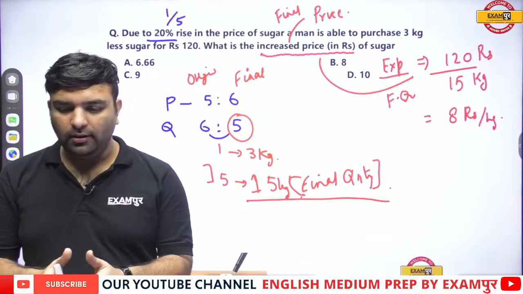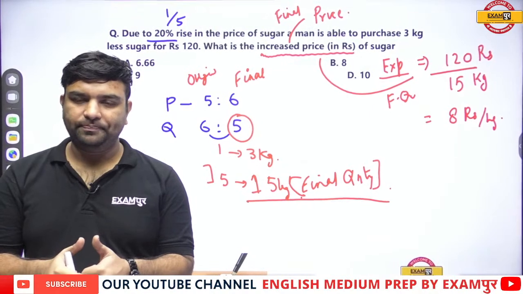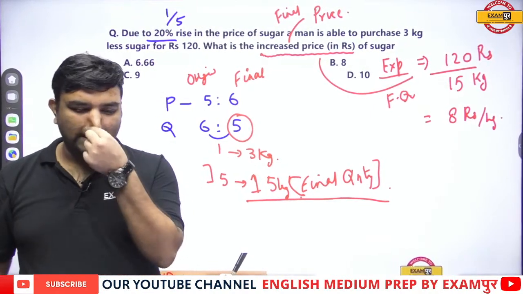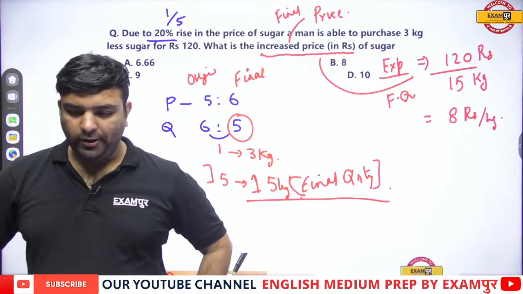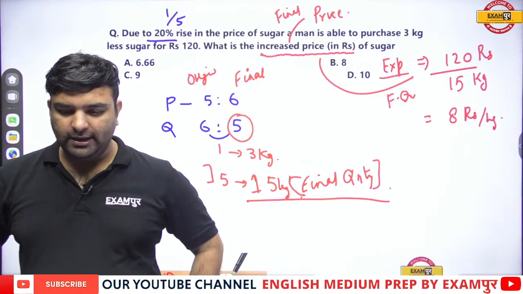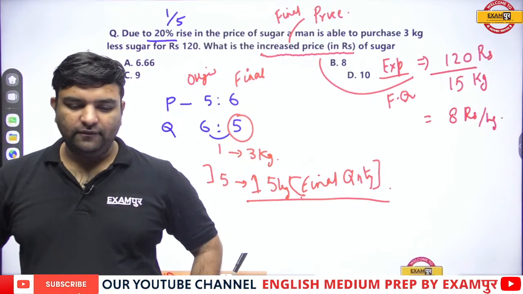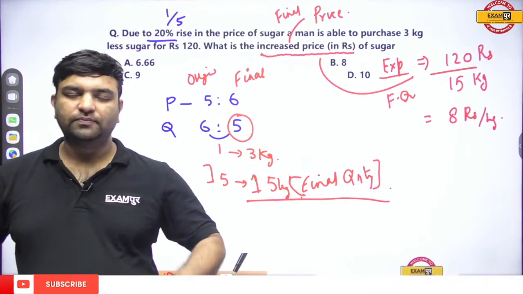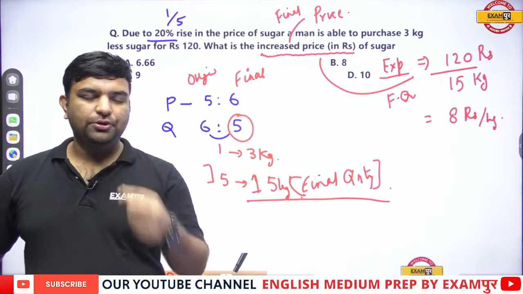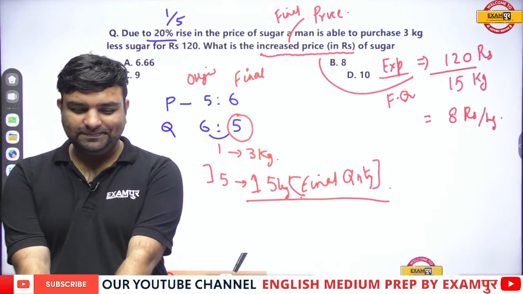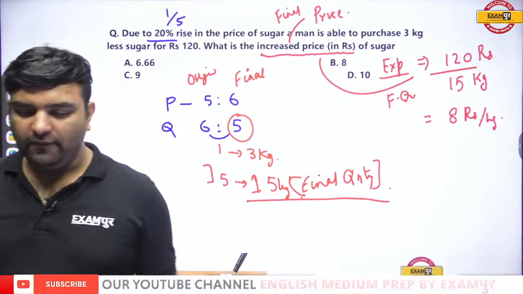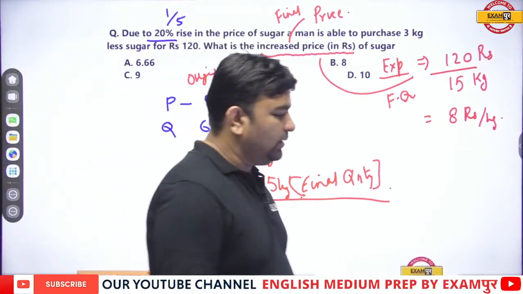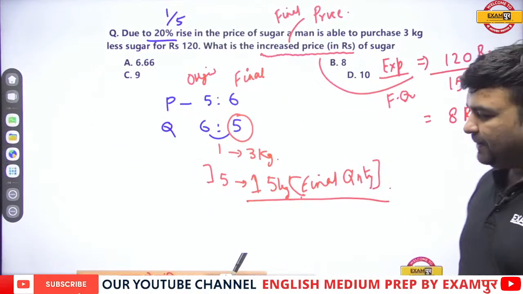If it is clear to all, guys, please do raise your thumbs up. In these 40 minutes, we have learned solving problems based on expenditure, price and consumption, so we can proudly say we have learned solving problems on price, income and expenditure.